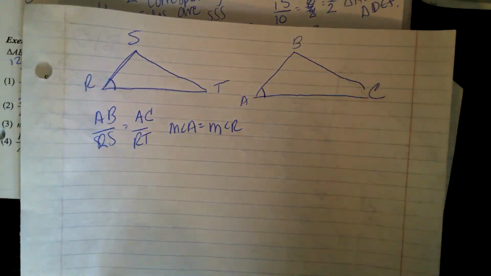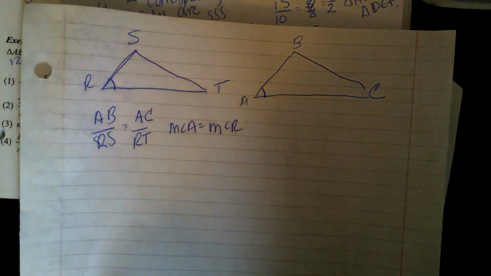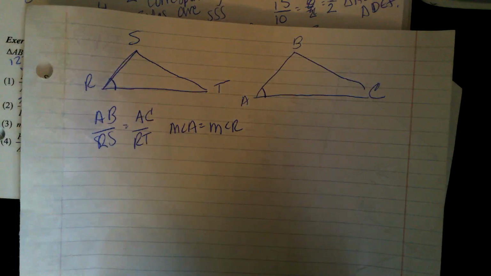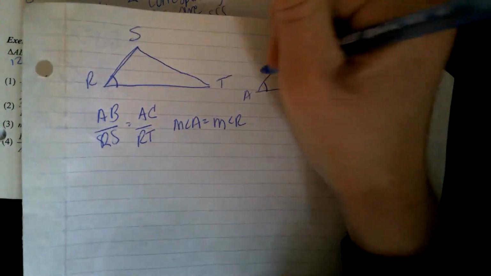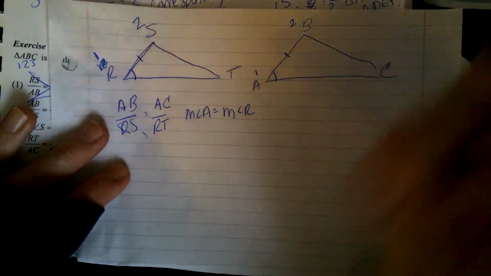But however, in order for this to be side angle side similarity, angle A and angle R need to be the included angle. Okay? So now AB over RS, that's corresponding side over corresponding side.